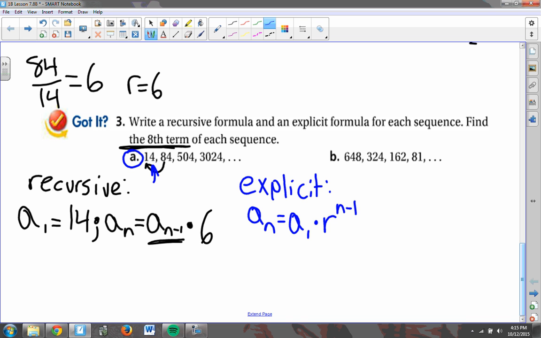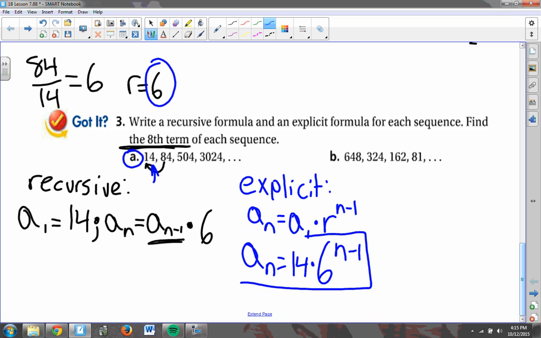It's here. It's 14. So I'm going to say a sub n equals 14 times my r value, which is 6, to the power n minus 1. And now I can put in whatever value I want for n, and this formula here will spit out for me that term of my sequence.